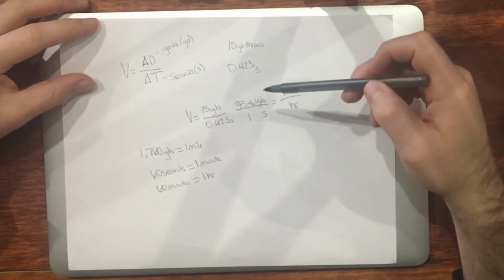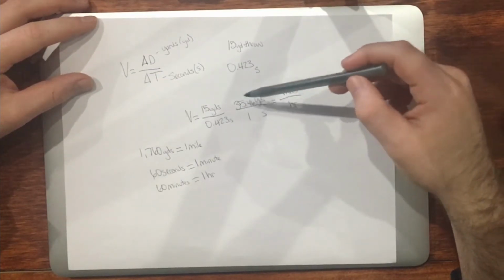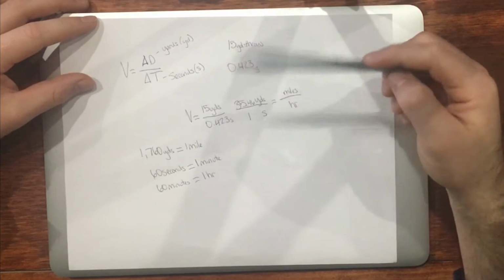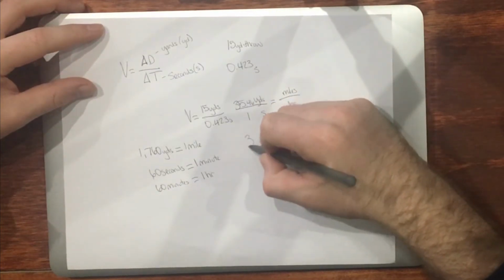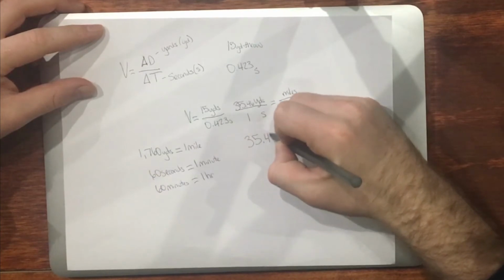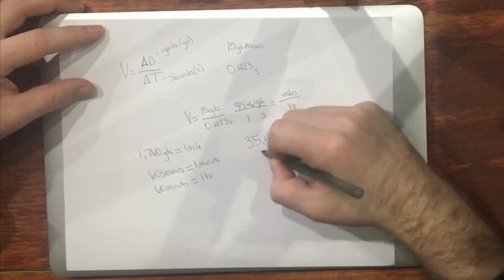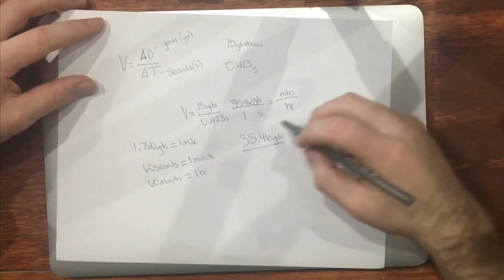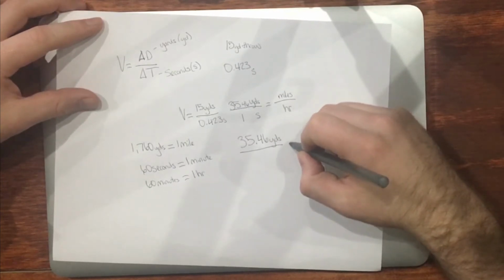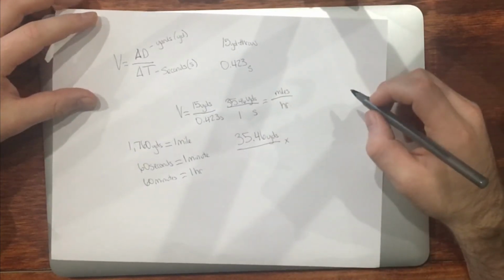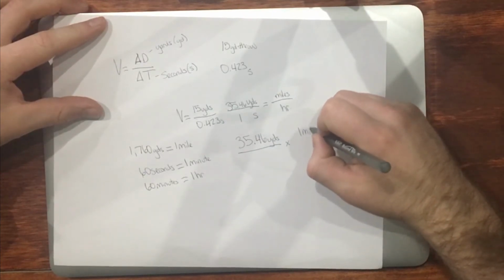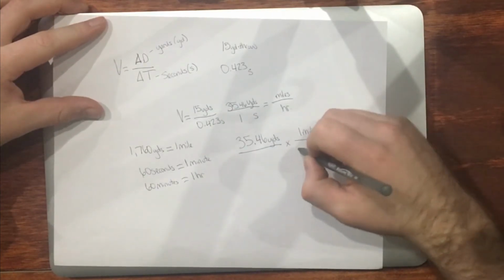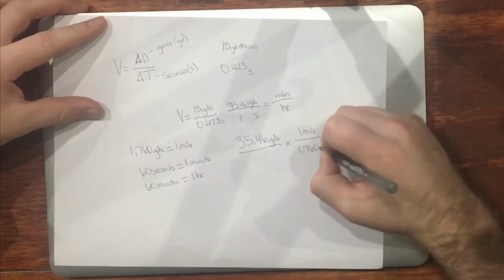So now we need to know how many yards are in a mile. We're going to take our 35.46 yards and convert it into miles. In 1 mile, there are 1,760 yards.